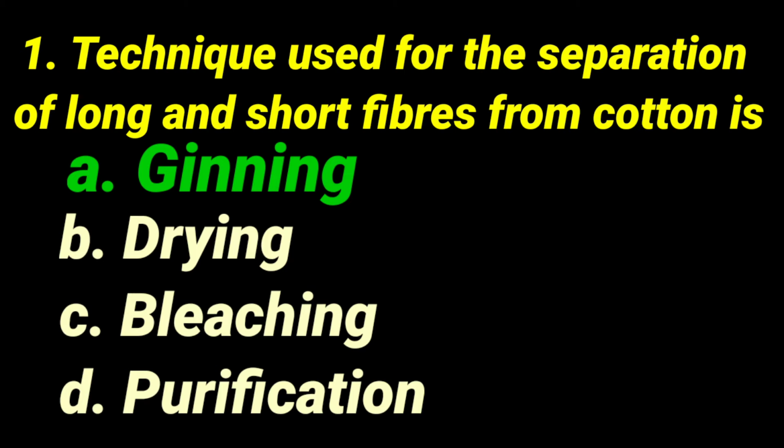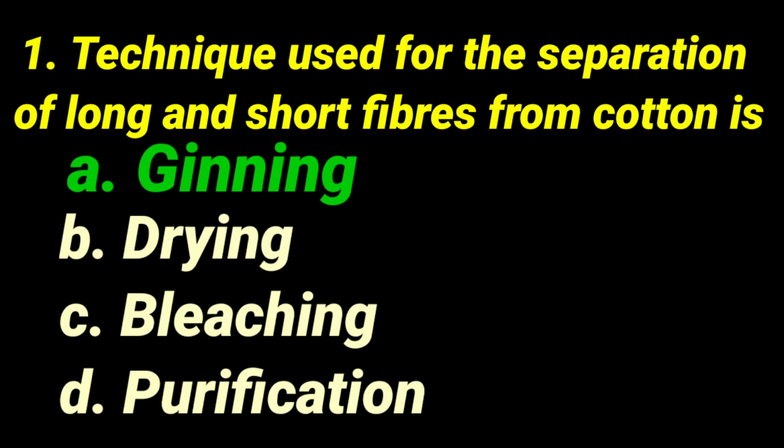dash. Ginning process is the correct answer, because here we are separating the long fibers and short fibers. The long, lengthy fibers are used for the preparation of cotton cloth and short fibers are used for linters.